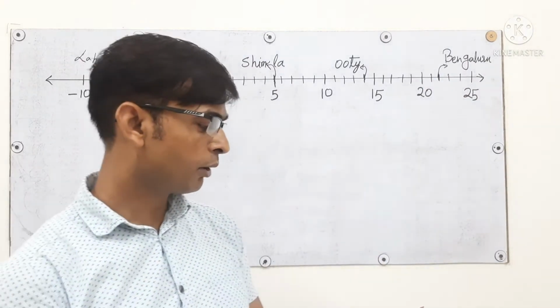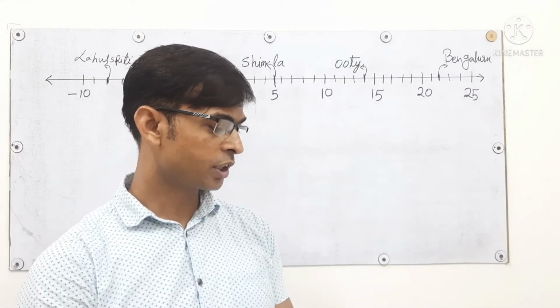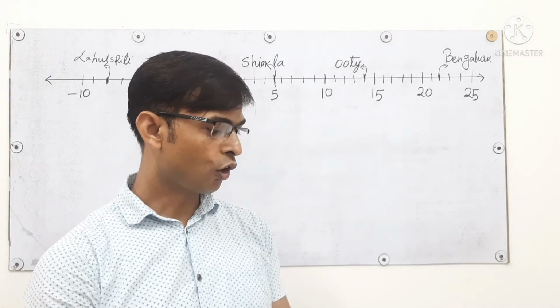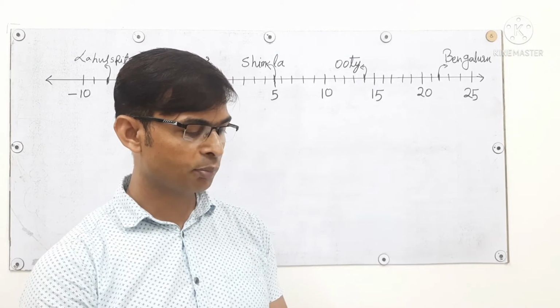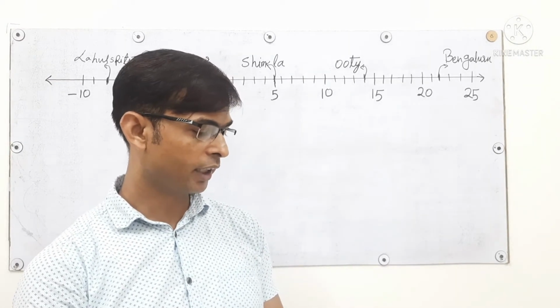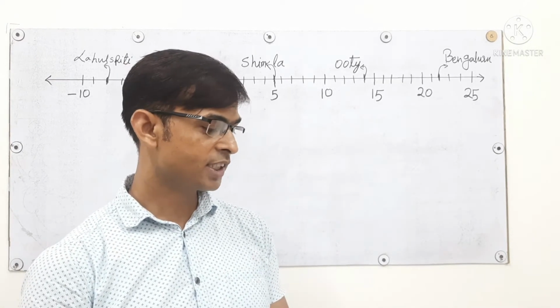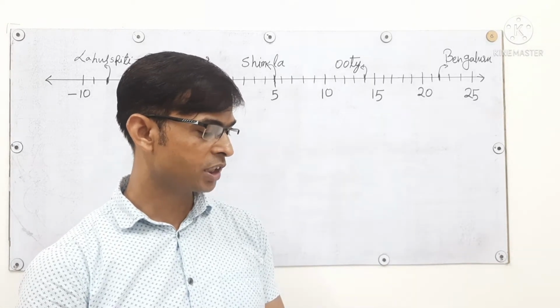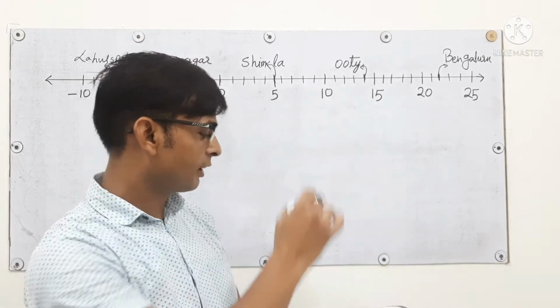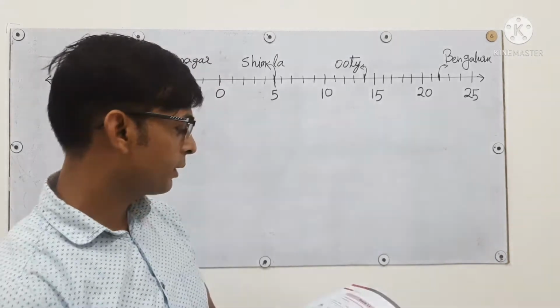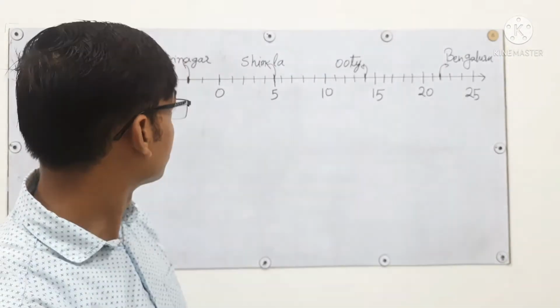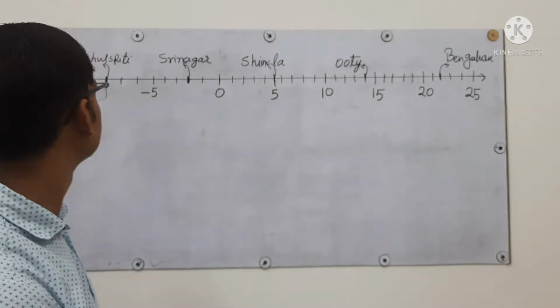In question 1, sub-question A, it is written: observe this number line and write the temperature of the places marked on it. It means we have to write the temperature as shown in the number line on a particular day. So let's write the temperature in Celsius.